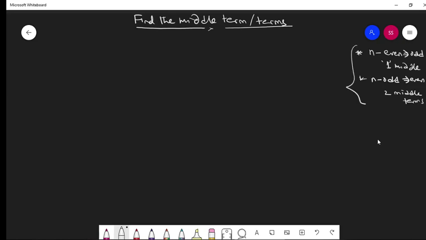And the second, dear students, if you have been given 2n only, this is an even number, because any number times 2 is an even number. Similarly, if you have been given 2n plus 1, this is an odd number, because 2n is even, plus adding 1, it becomes an odd number. You have to consider this.